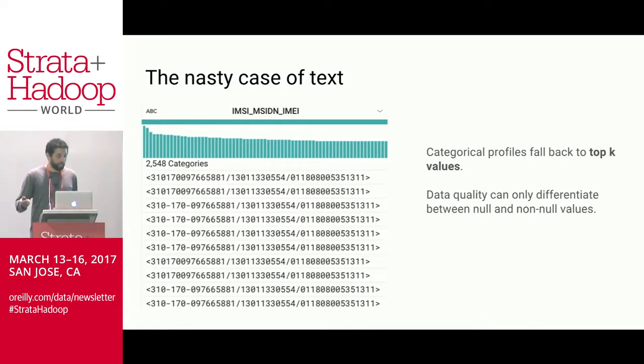So here we're showing a log format or semi-structured format. You can see at the top we're still trying to show the number of unique values, but as you get up into the hundreds or thousands of categories, it becomes really hard to represent this data. You can fall back on things like showing just the top K values or the most frequent values, but then of course you're losing a lot of information that might be relevant for your analysis.